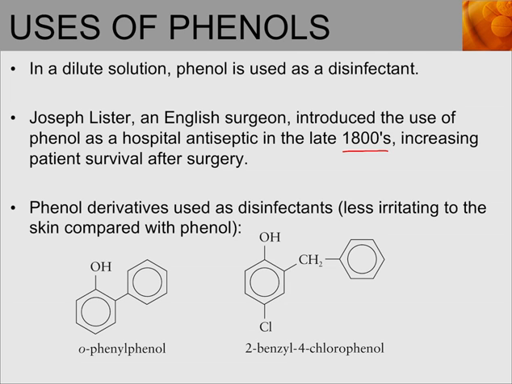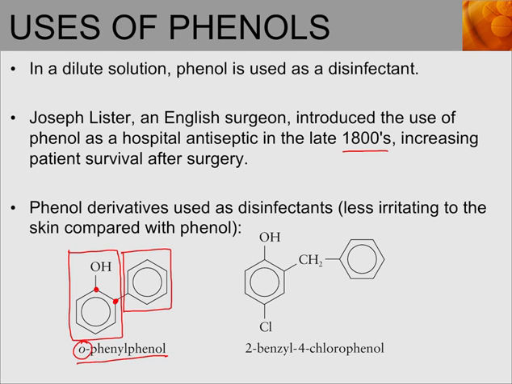However, phenol can be pretty irritating to the skin, so phenol derivatives have been used instead as disinfectants in more recent times. So for instance, O-phenylphenol, so we've got our phenol molecule here, and then there's a phenyl group or benzene ring coming off of that, and it's on a neighboring carbon.